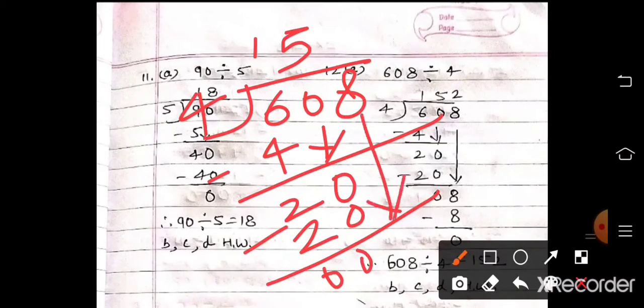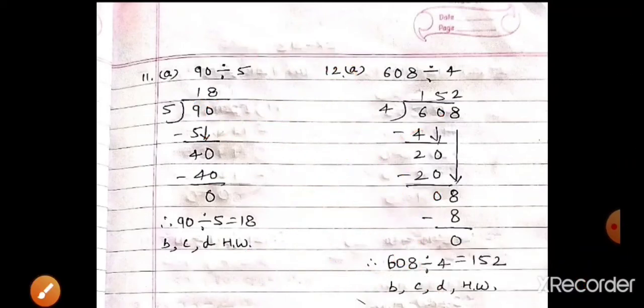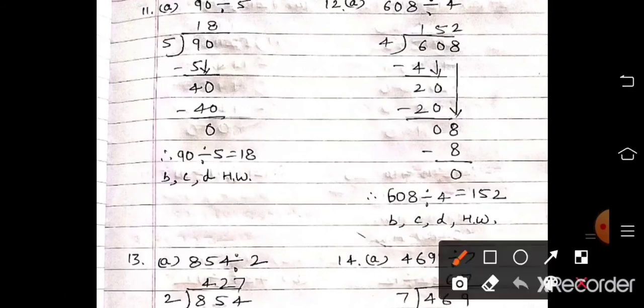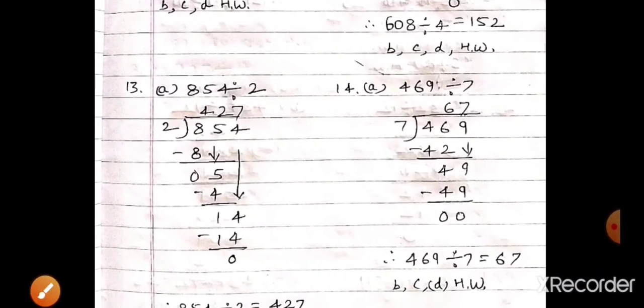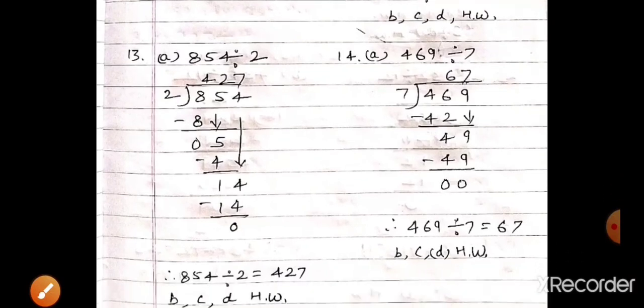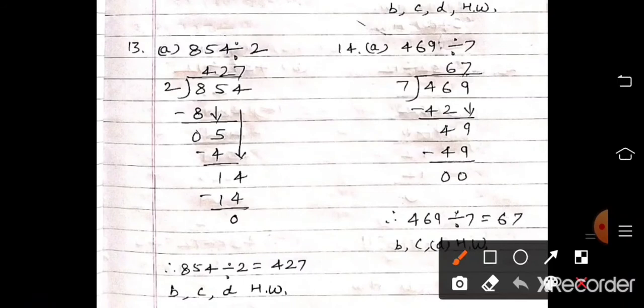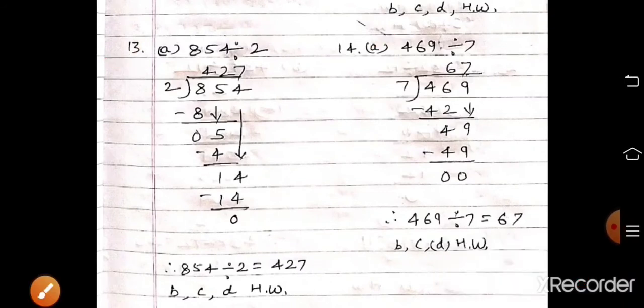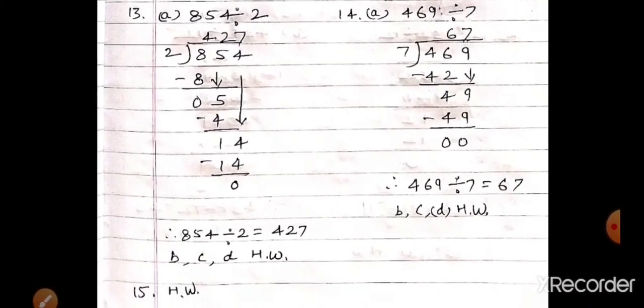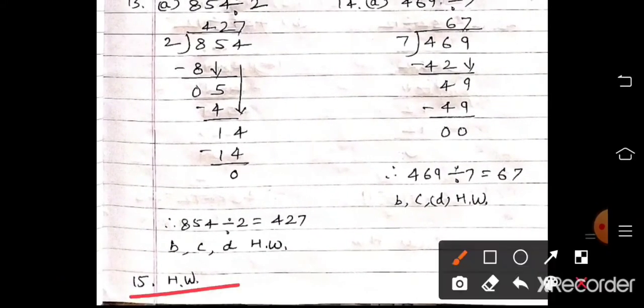Now again 8. 4 2 ja 8. Okay, so remainder 0. Okay, so like this you have to do. Answer is 152 and the B, C, D is your homework. Now question number 13. Same like this you have to do with question number 13 and 14. I have done one part for you, and B, C, D is your homework, and question number 15 is also homework.